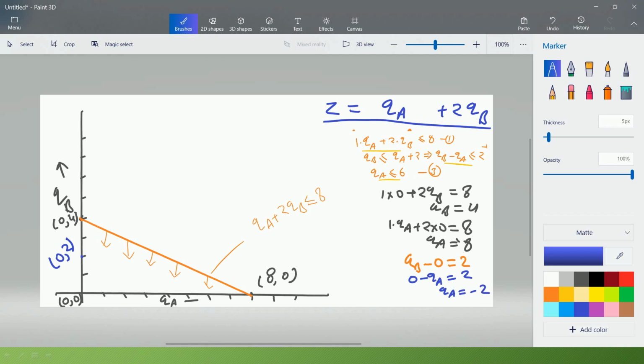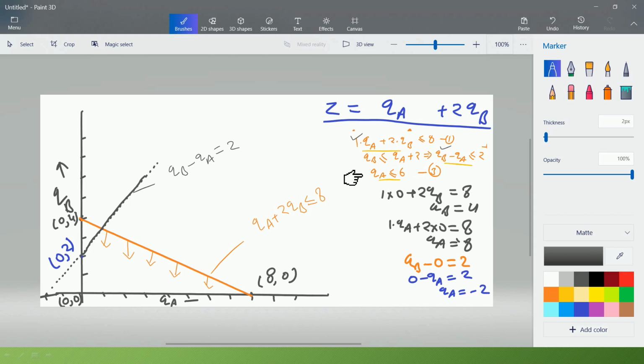So minus 2 will be somewhere here. The line will go like this. This equation is QB minus QA is equal to 2. So we have drawn this equation. Now we have this equation to draw.